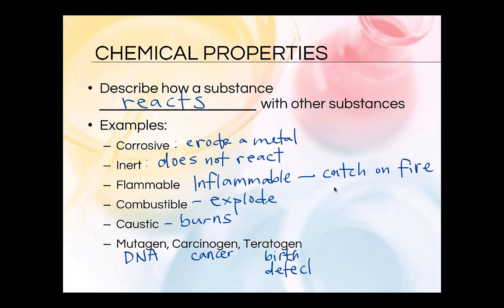Those are some pretty scary types of chemical properties. We're not going to work in our chemistry lab with anything that's a known mutagen, carcinogen, or teratogen. But we'll handle all of our chemicals safely just in case.